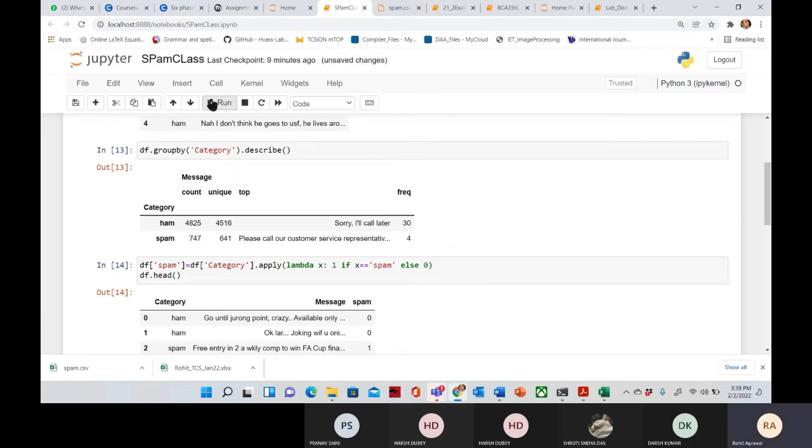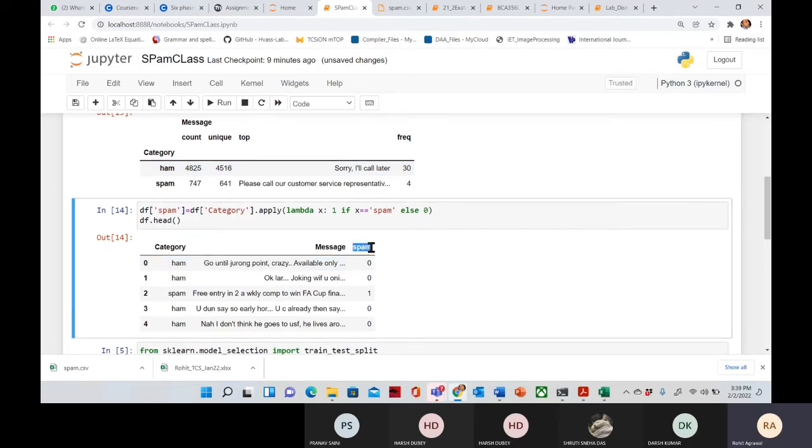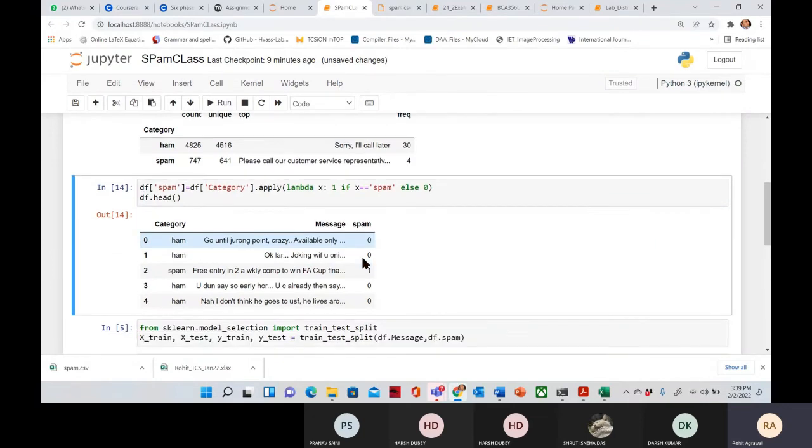Just apply this. Now you have one more column, that is spam, and it is equal to 1 whenever a message is a spam message, otherwise it is 0. So we have done this column addition. Now the next thing in classification is splitting the data set into two parts: the training data set and the testing data set.